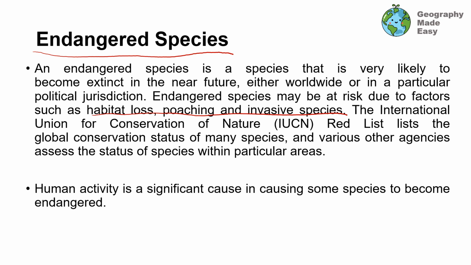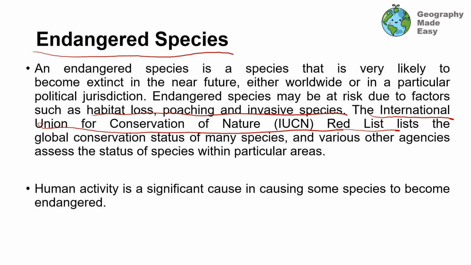They are dying out. The International Union for Conservation of Nature, IUCN, makes a list which is called the Red List, where we can find the status of these species and whether it is endangered or extinct. This list is published from time to time.